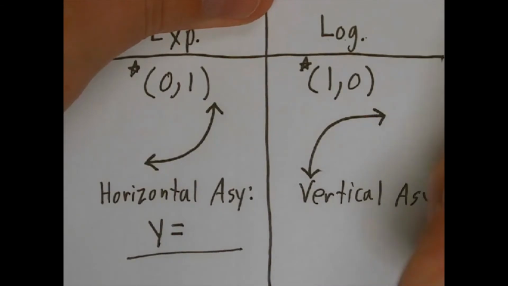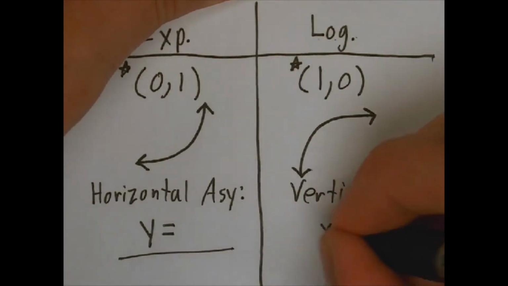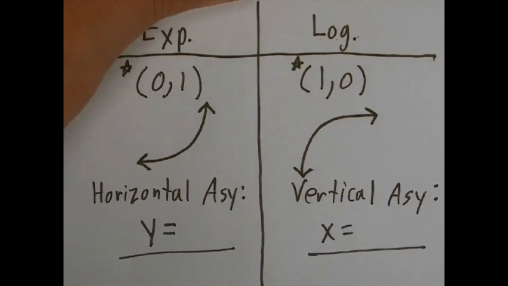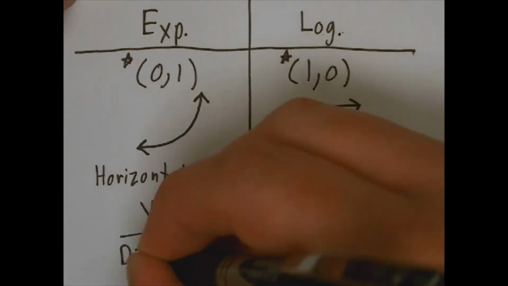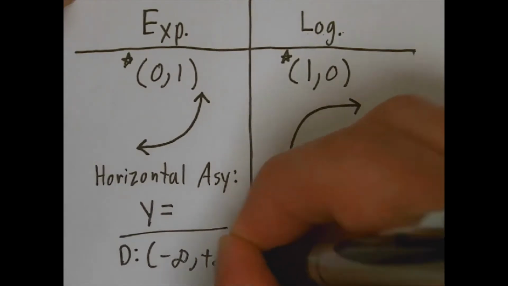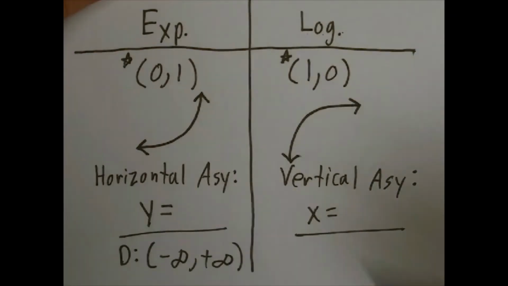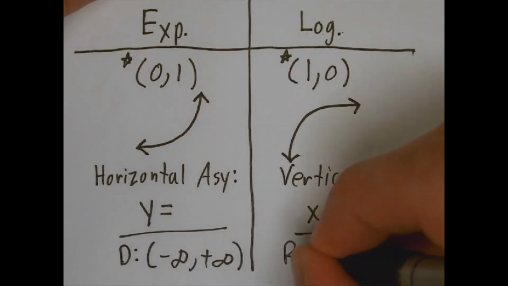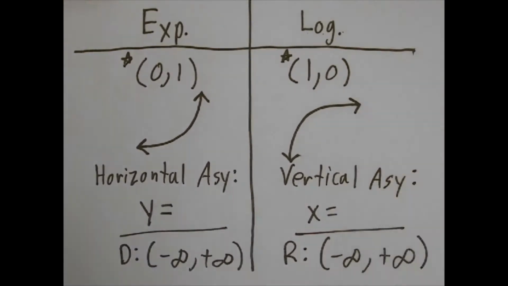So that means that log functions are going to have a vertical asymptote, and instead of it being y equals, it is x equals. Exponential functions have a domain that stretches from negative infinity to positive infinity, which means if the domain is all reals for exponential functions, if I switch it again, the range should be from negative infinity to positive infinity.